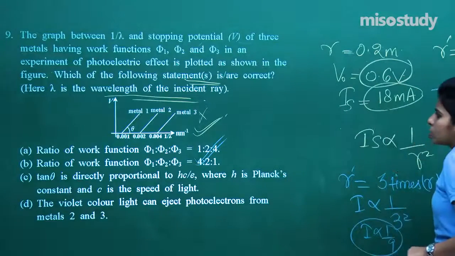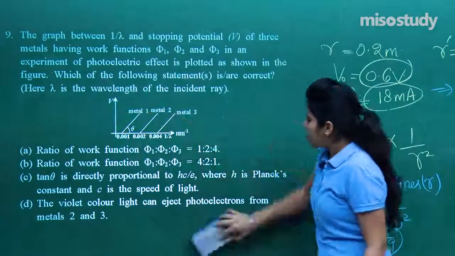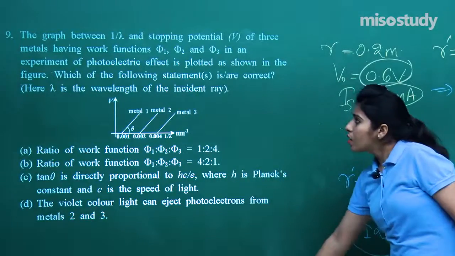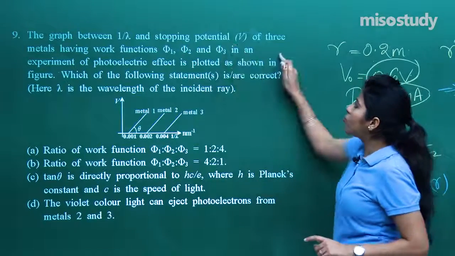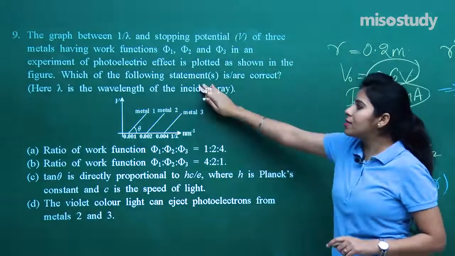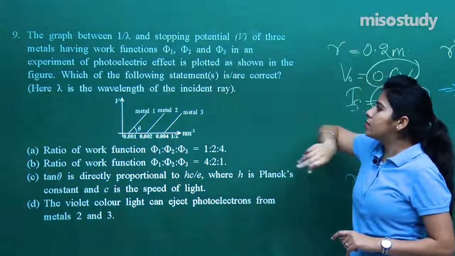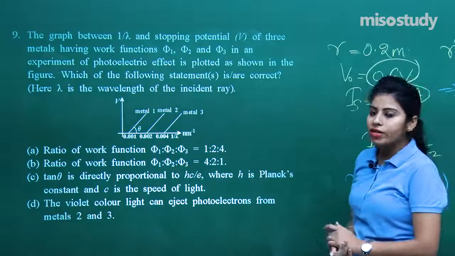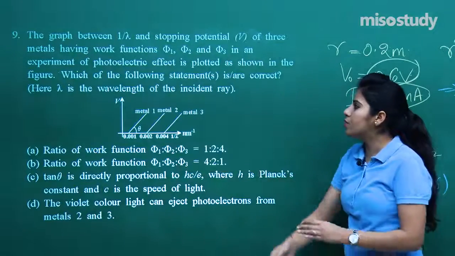Alright, so question number 9 says that we have been given a graph between 1 by lambda and the stopping potential V of the metals having work functions phi 1, phi 2 and phi 3 in the experiment of photoelectric effect. These are plotted as shown in the figure.